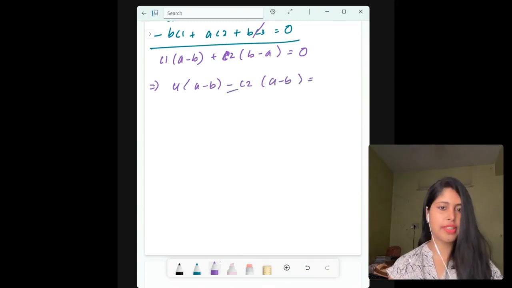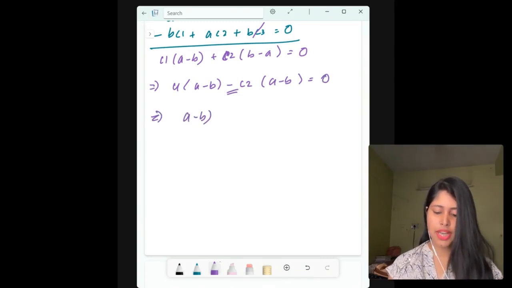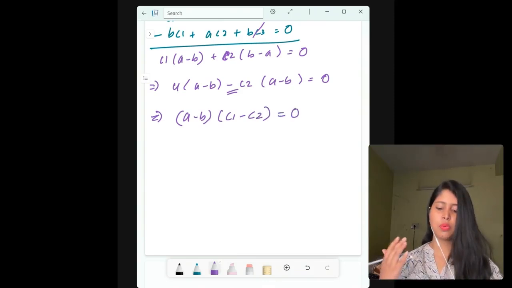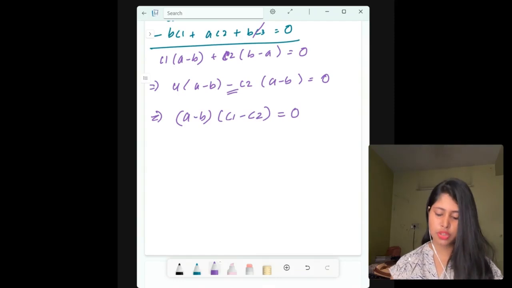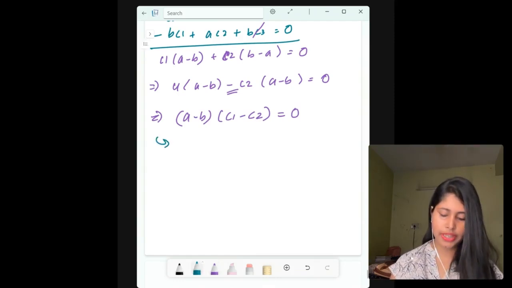For that only we change the sign, right? a minus b is equal to 0. Then we can factor out a minus b and we get C1 minus C2 is equal to 0. All right. Now we will get that either a is equal to b or C1 is equal to C2, right? So this is the solution which we get from here. So let us write a is equal to b or C1 is equal to C2.